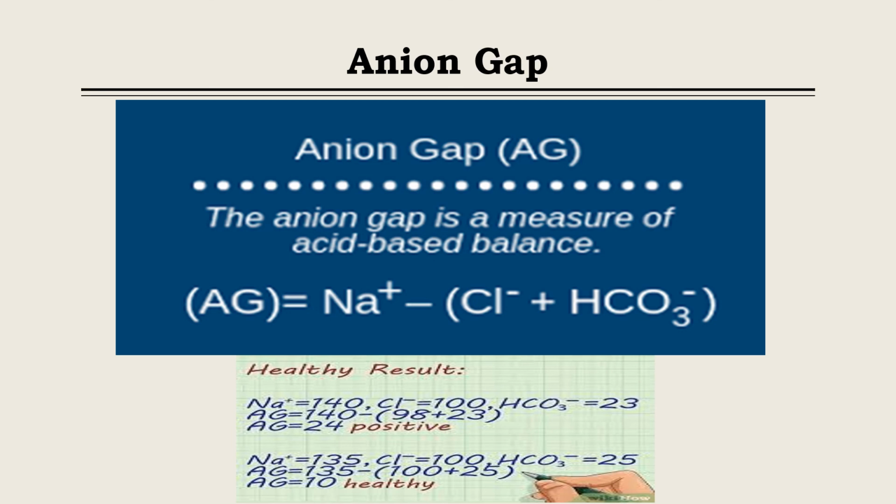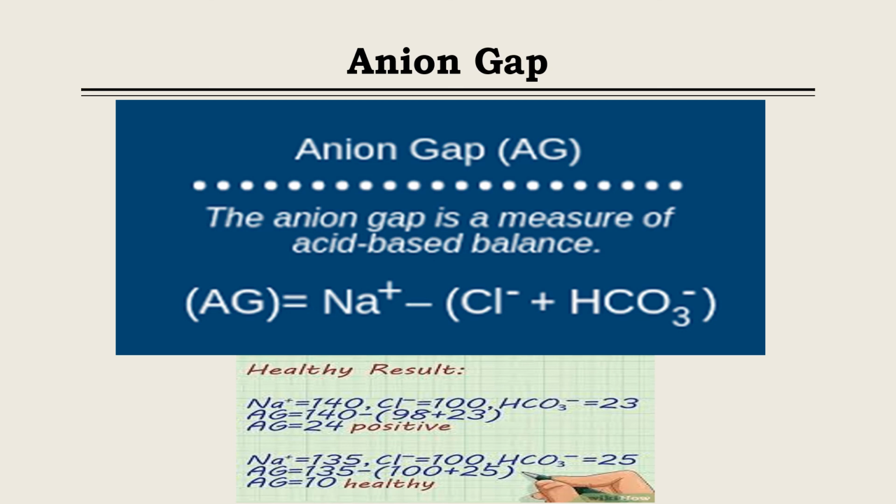If you find high anion gap metabolic acidosis, the causes are remembered by MUDPILES: methanol, uremia, diabetic ketoacidosis, P, propylene glycol, I, iron, L, lactic acidosis, E, ethanol and ethylene glycol, and S, salicylate.